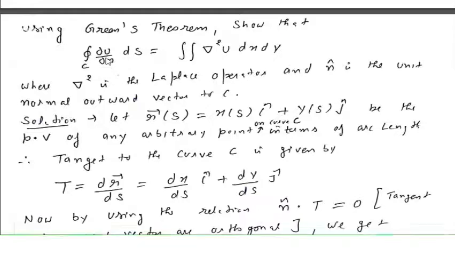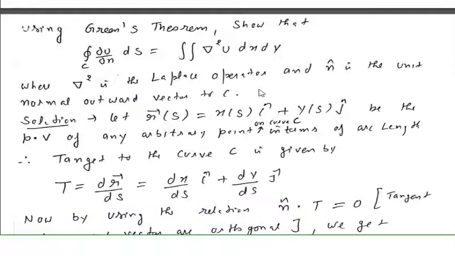Now to calculate the unit normal vector, let us consider the parametric form of the curve. The parametric form of the curve is represented by the vector r equal to x i plus y j. It can be in terms of t or it can be in terms of s. Here we are using s, the arc length parameter, because we have arc length in the integral, so it is ds.